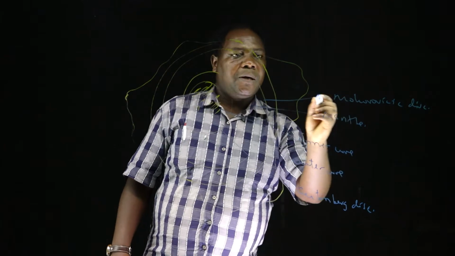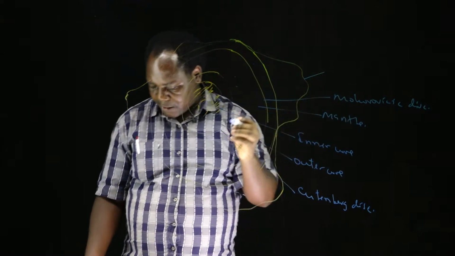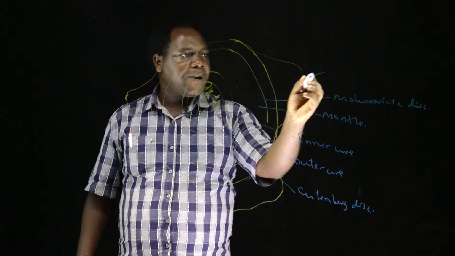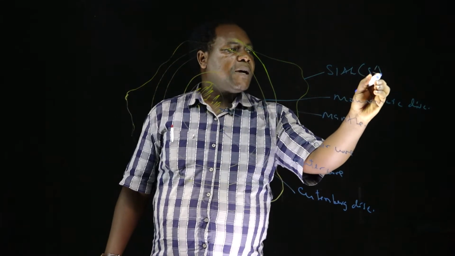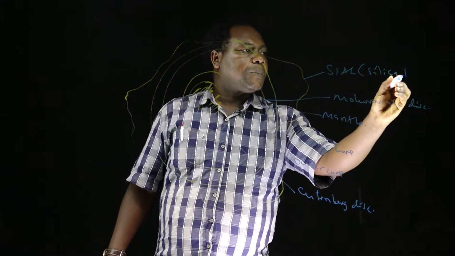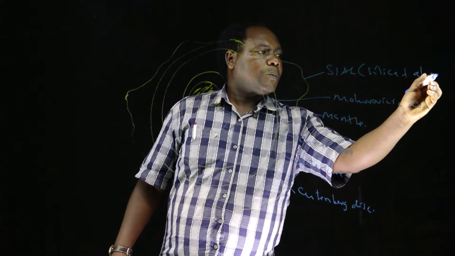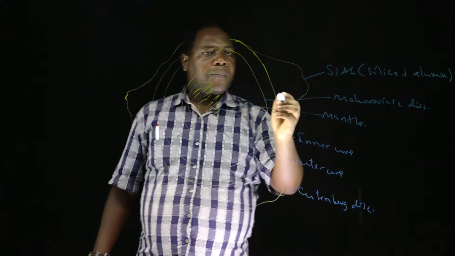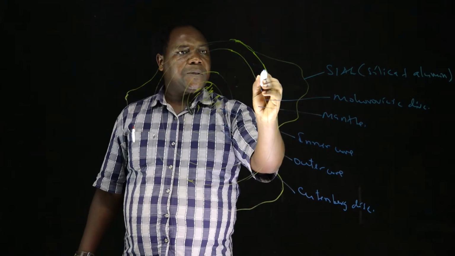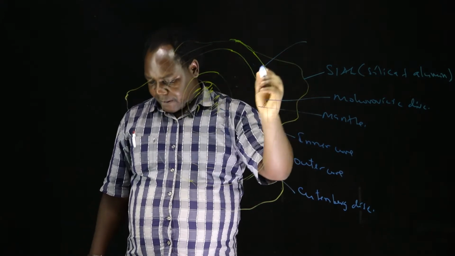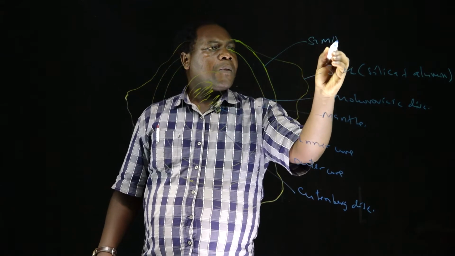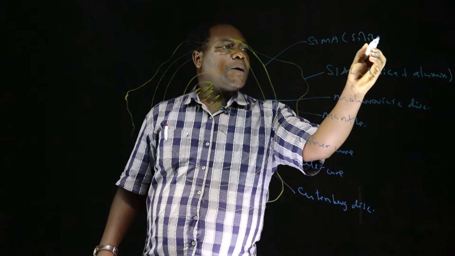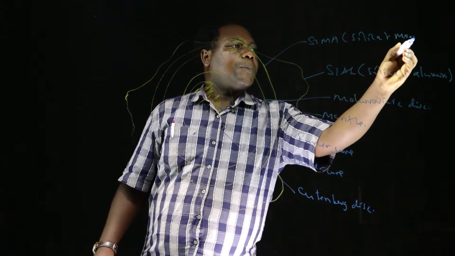On this part, we have the sial, that is silica and aluminium. And on this part, we have the sima, that is silica and magnesium.